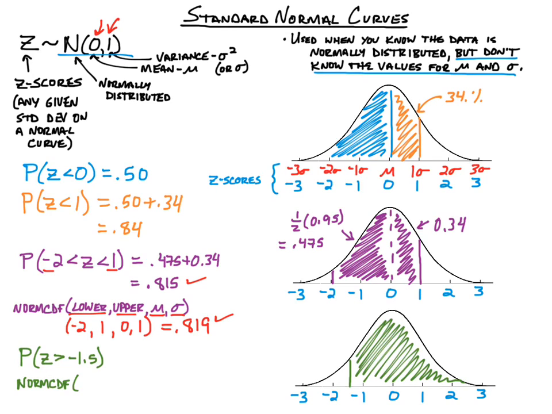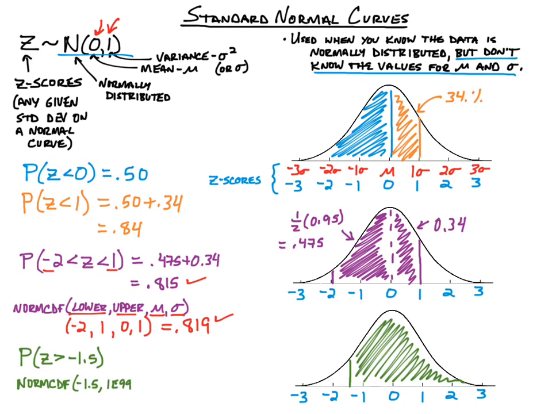So normal CDF, the first thing we have to enter is our lower bound, and our lower bound here is -1.5, the lowest value that we're looking for. The upper bound is everything on the right side up to infinity, whatever that value is. So you just put in a large number.